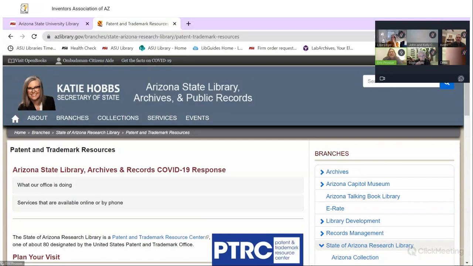In exchange for the library dedicating some personnel and personnel time to helping people with patent and trademark searches, they provide full access to what used to be Pub West and Pub East. They've now moved to a new program.